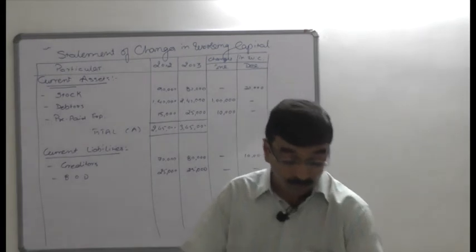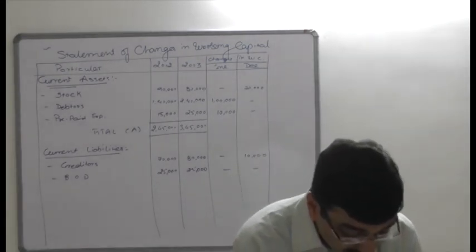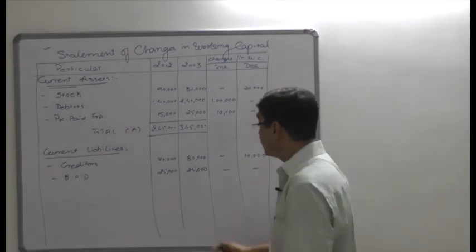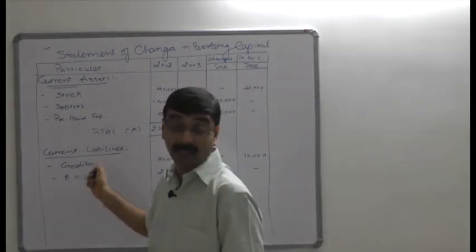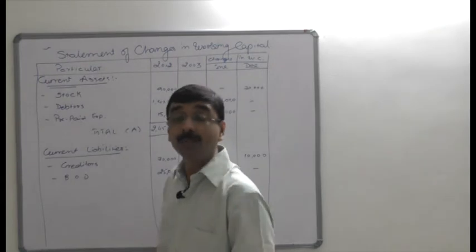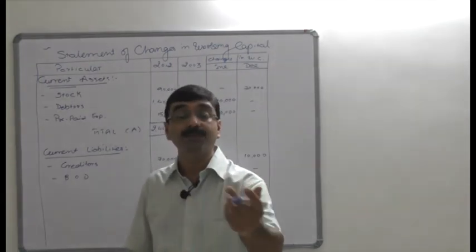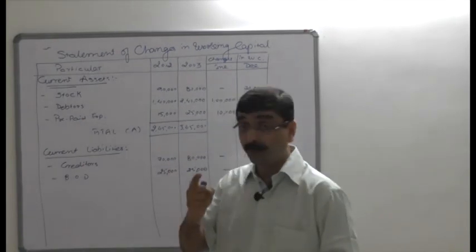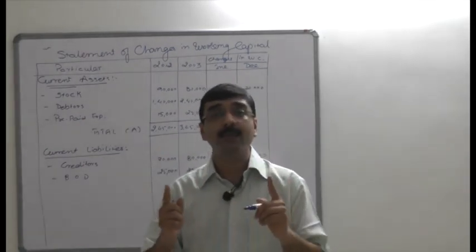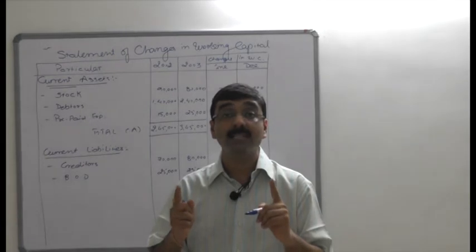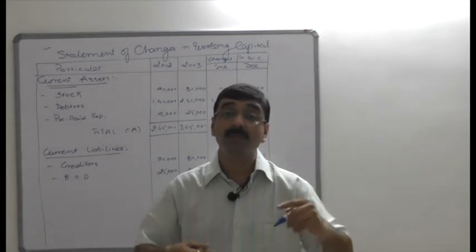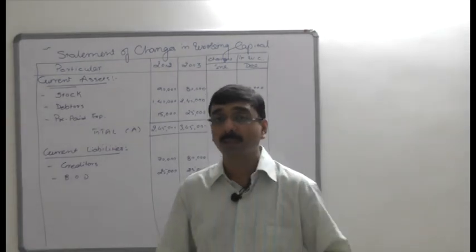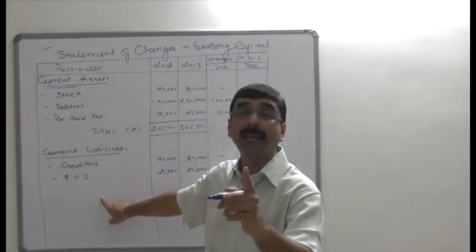Now see, provision for taxation, as I have already discussed in the theory part: should provision for taxation be considered as a current liability, as a working capital statement item, or do we need to prepare a separate account? There are two possibilities. If there are any adjustments regarding provision for taxation mentioned in the other information, it cannot be considered as a current liability.